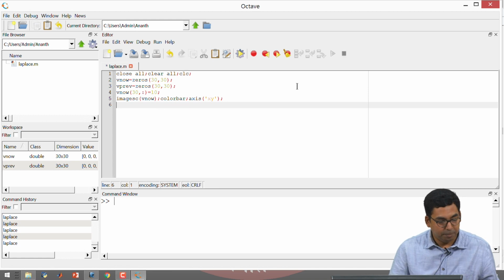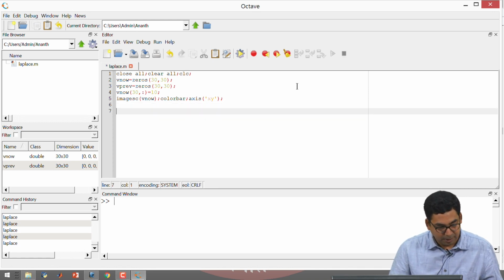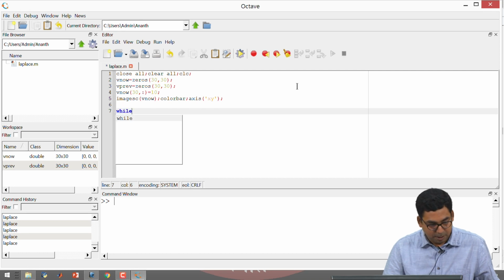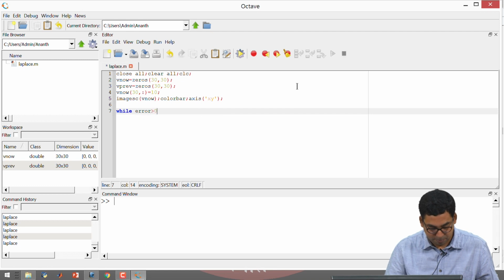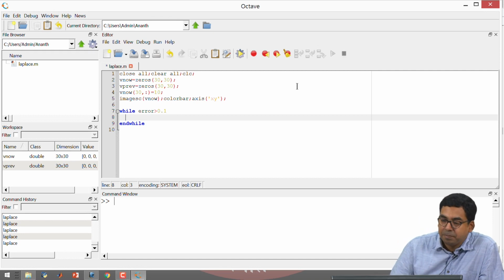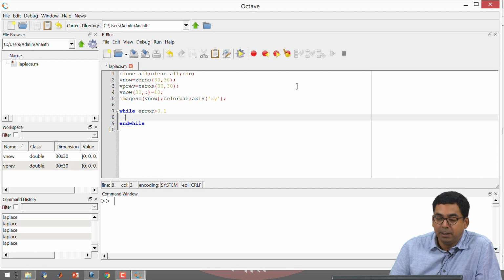So, let us go ahead and let us say that I am going to open a while loop. So, this error, what I am writing down here, is going to be the difference between V now and V previous.